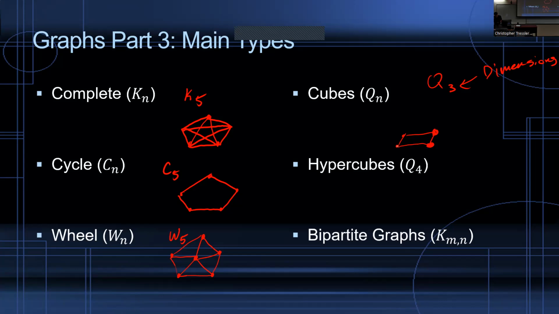Make these bigger. And then after that, it would be 1, 2, 3, 4. Something like that, right? So that is a Q3, a three-dimensional cube. My drawing is horrendous, but it's okay, trust.